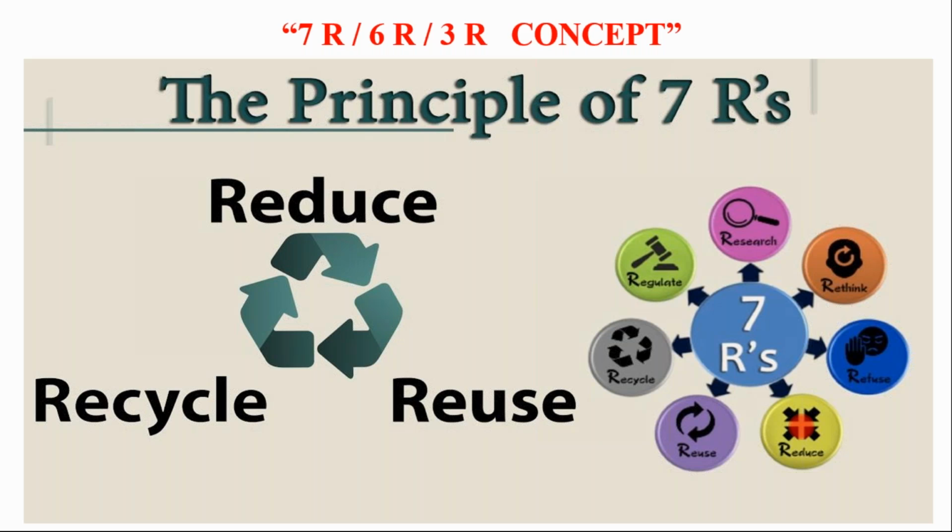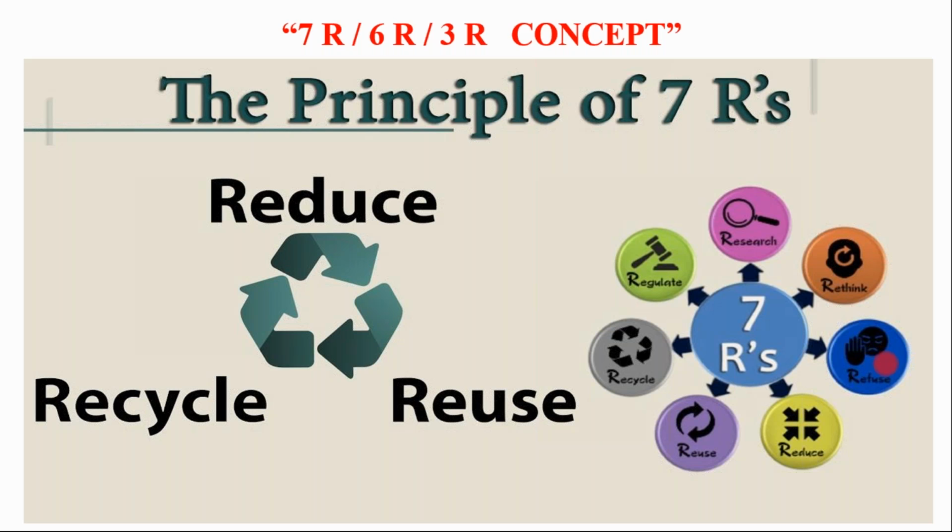But we can reduce this quantity, we can reduce the different quantities of these types of materials. So there are different examples where you can understand what exactly the 7R represents.